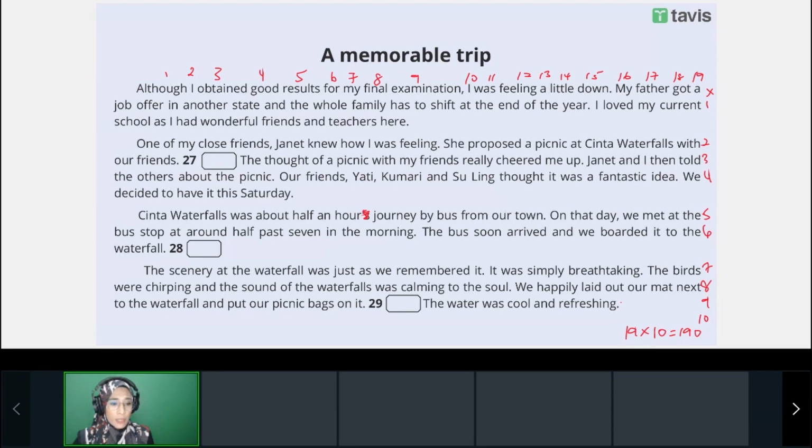Now, please make sure that you know this timeline here. 7:30 is half past 7, so this is 7:30 a.m. But what if it says quarter?